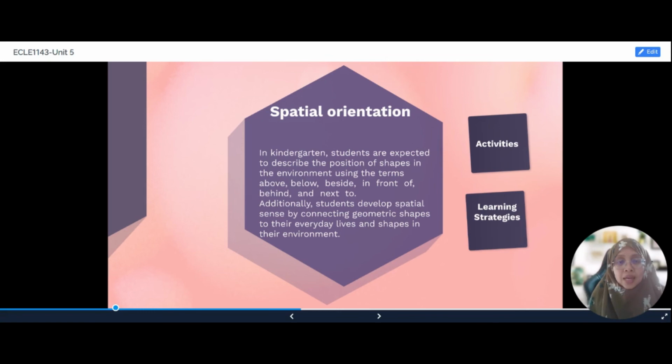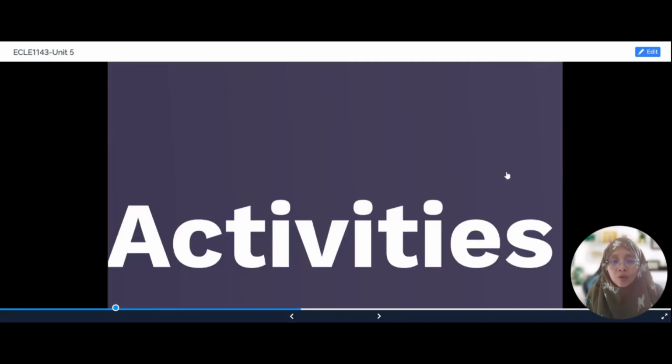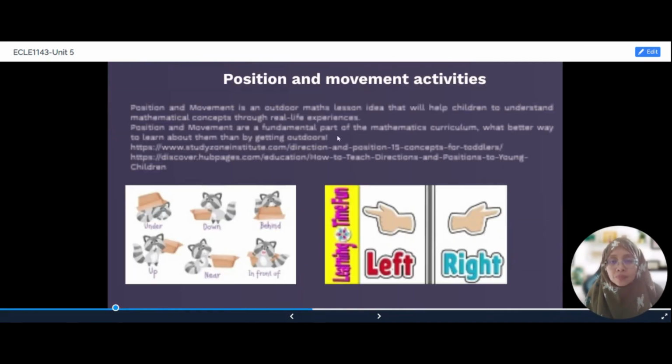Additionally, students develop spatial sense by connecting the geometric shapes that we have learned to their everyday lives, the shapes in their environment. So these are the basic things that we have to teach them. I have these wonderful websites that I will discuss in the class later on.